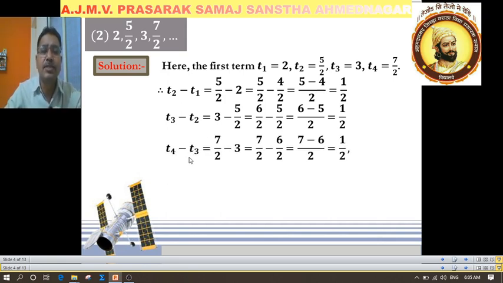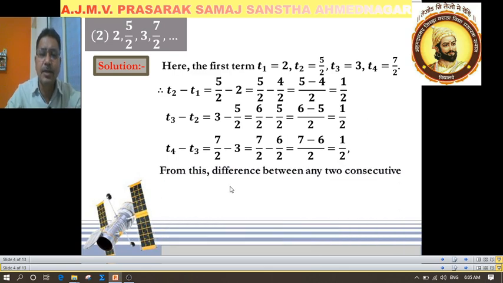Similarly, T4 minus T3, 7 upon 2 minus 3. Again taking LCM as 2, so multiply by 2 to the 3. We have 7 upon 2 minus 6 upon 2, which is equal to 7 minus 6 upon 2, which is equal to 1 upon 2. So from this, the difference between any two consecutive terms, that is Tn plus 1 minus Tn, is equal to half.